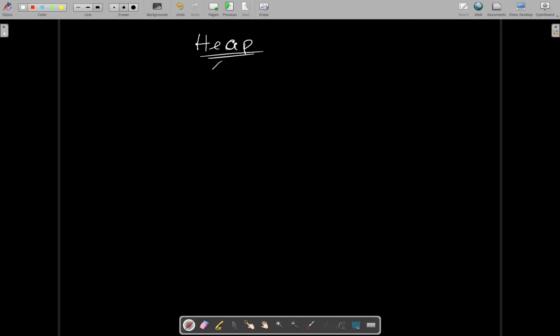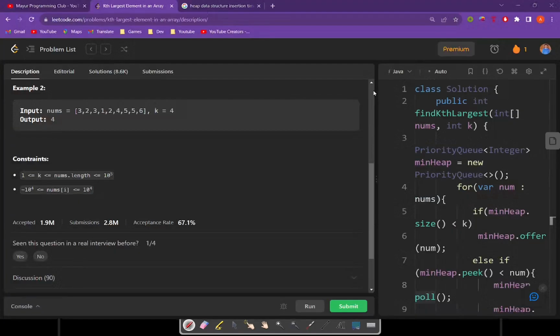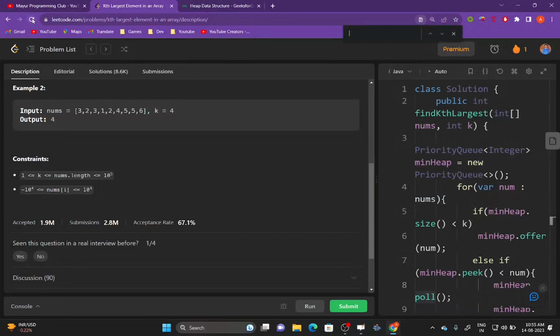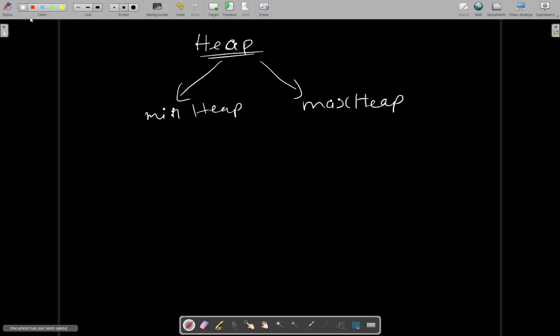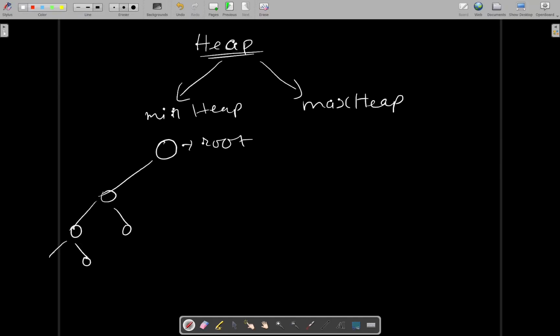Heap is a data structure. It is of two types: min heap and max heap. In min heap, let's call this the root, and these are the children of the root.